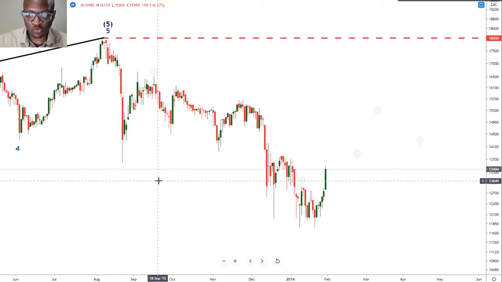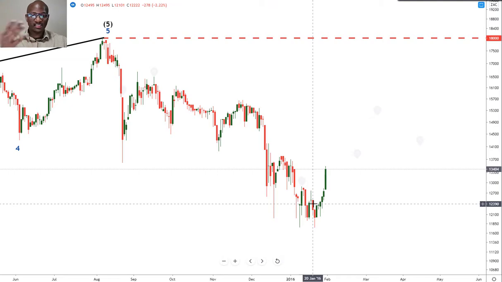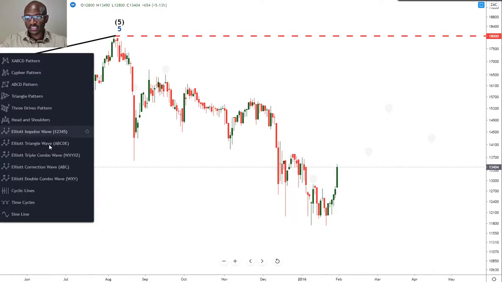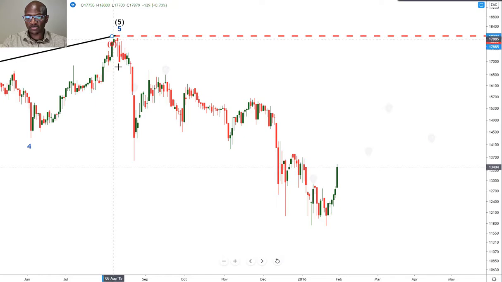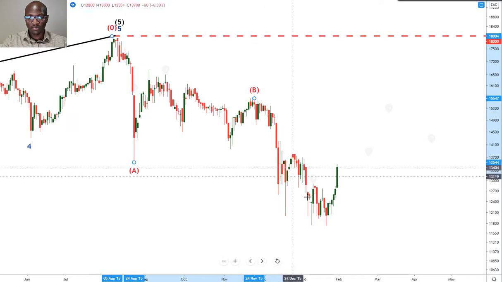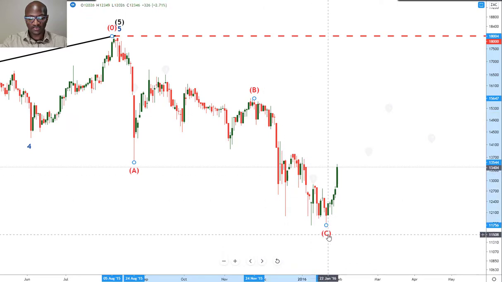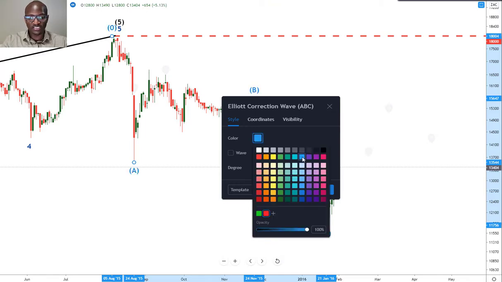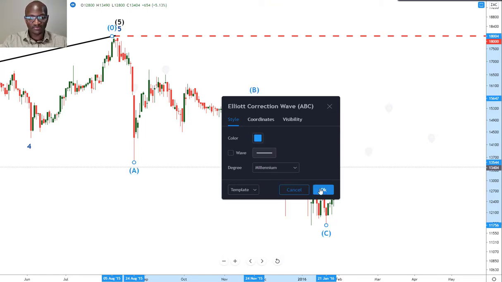And market participants would be enticed to buy this market, saying that the big pullback or big correction is complete. What we see as Elliotians at this point in time is that this market has corrected in 3 waves, which I'll label tentatively A, B, C, as we don't know whether this 3-wave decline is wave A of a flat, or maybe we're making a more complex correction. So this is a tentative labeling.